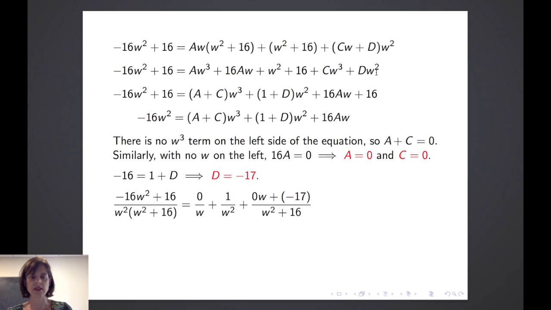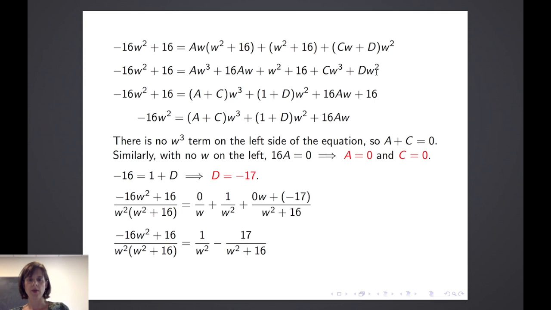So negative 16W squared plus 16 over W squared times the quantity W squared plus 16 is equal to 0 over W. That 0 comes from A. 0 over W plus 1, which was the B, 1 over W squared, plus C, which is 0, 0 times W, plus D, which is negative 17, all over W squared plus 16.